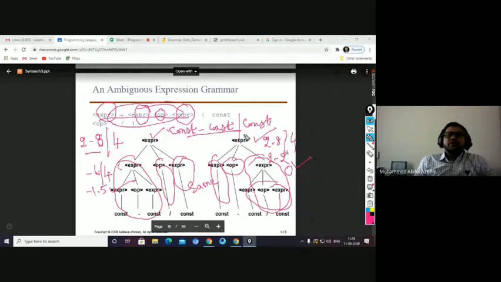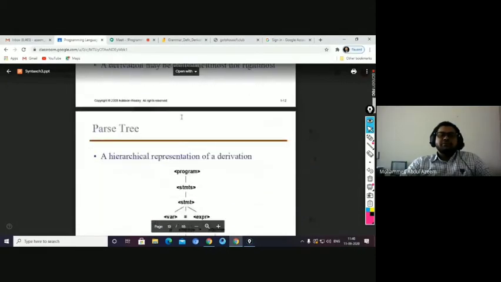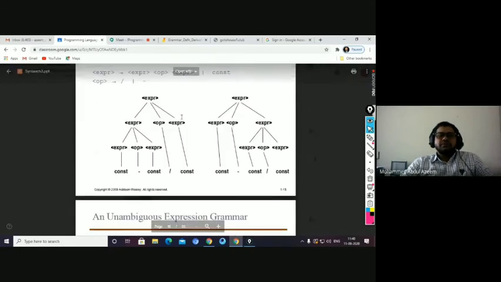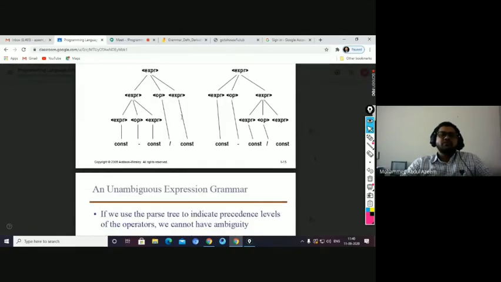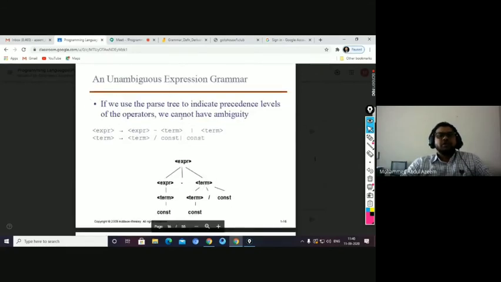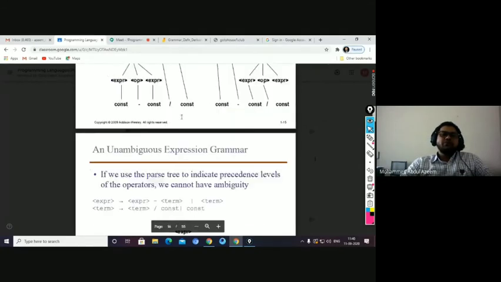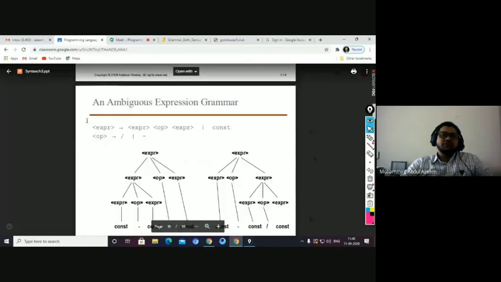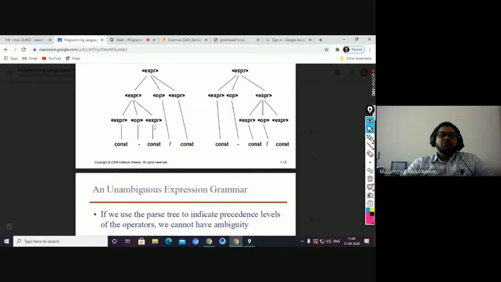So, moving on to the next slide. If a grammar allows you to construct more than 1 parse tree for any statement, then the grammar is said to be ambiguous. Now, how can we transform this grammar from ambiguous to unambiguous?